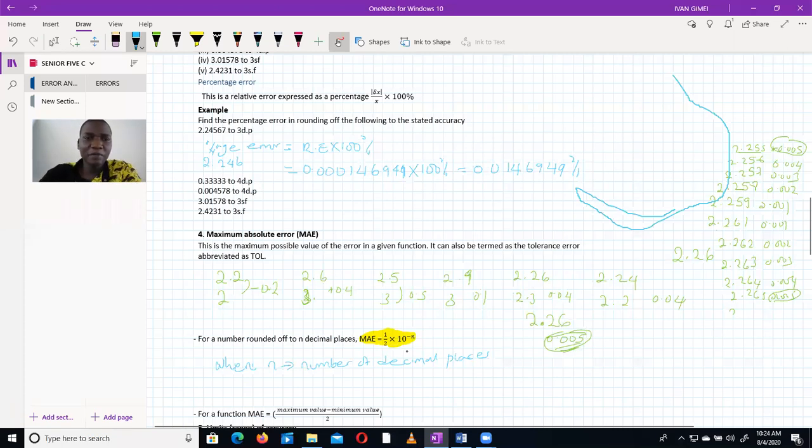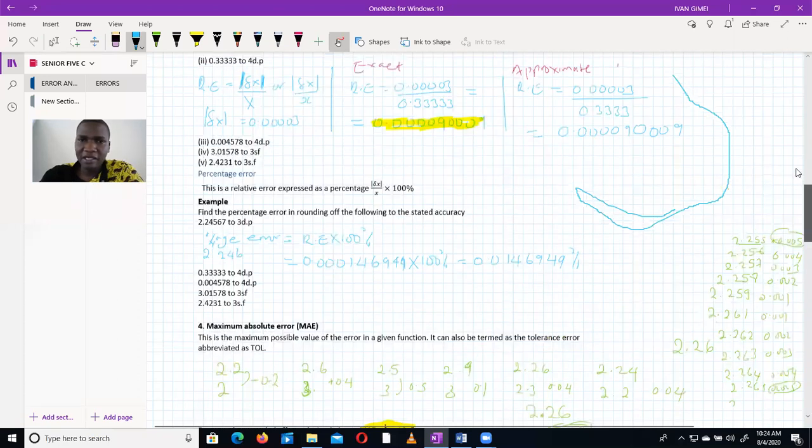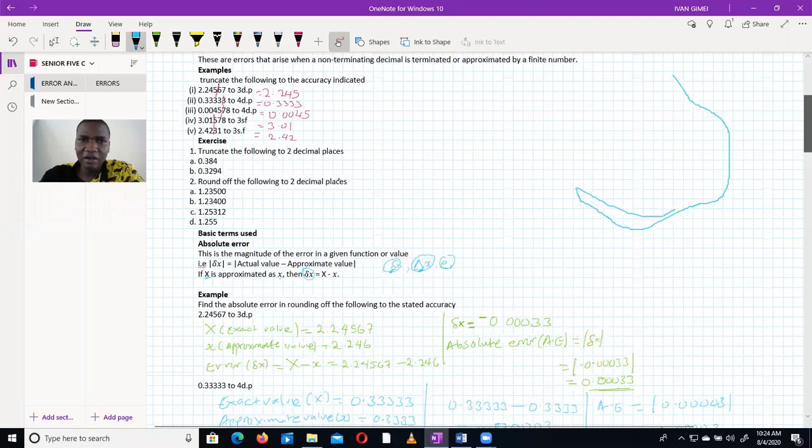So they'll give you an approximated value. In the first examples we had of rounding off, if you try to get these errors, the difference between the rounded off value and the exact value, you'll notice that the value lies between 0 and 0.5, or it never goes beyond. You can never find 0.6 as the difference.